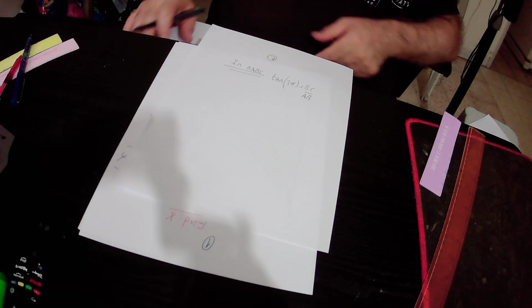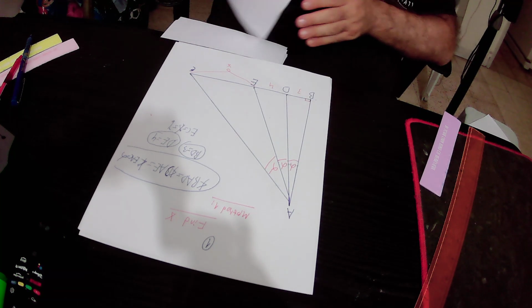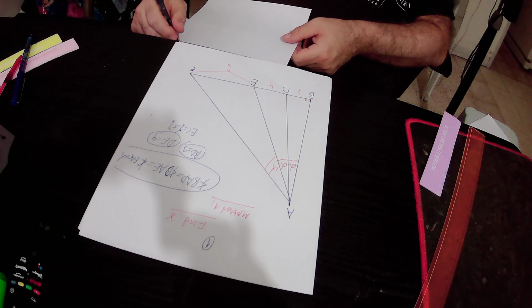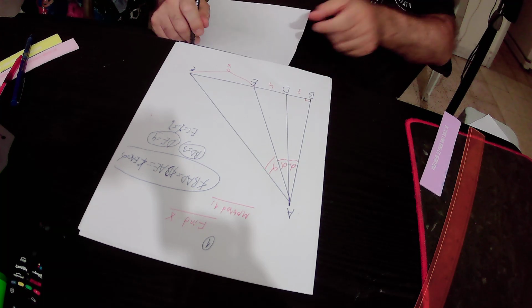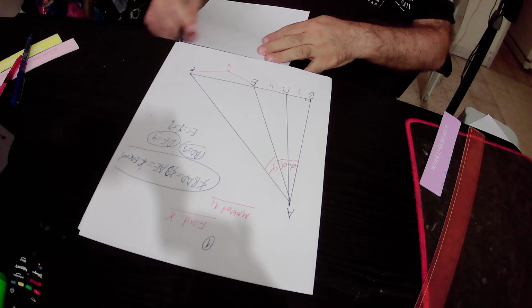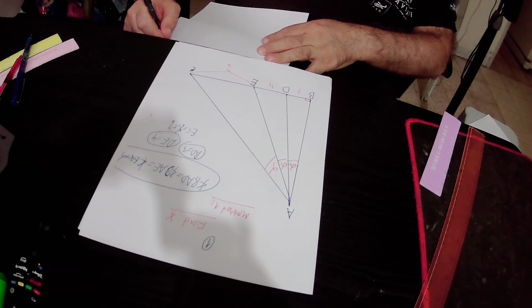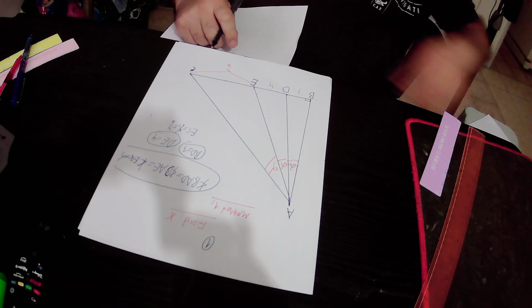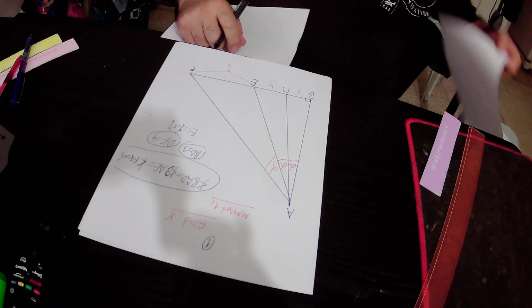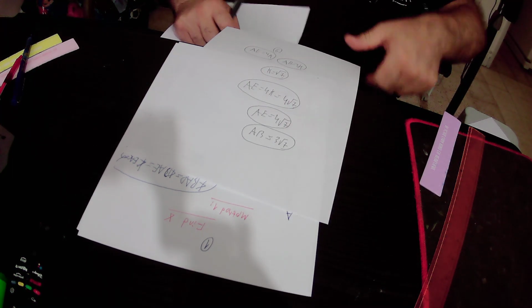Okay, so what is the value of BC? BC equals 3 plus 4 plus x. That is to say, BC equals 7 plus x. What is the value of AB? We have already found out that AB equals 3 times root 7.